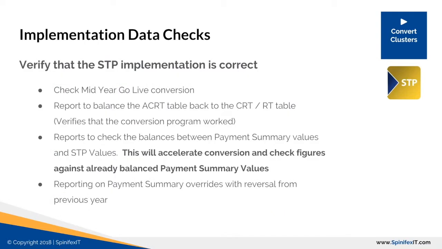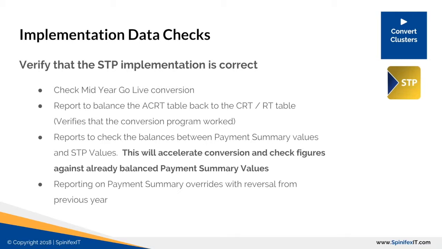Further, during the implementation and conversion, we ensure balancing that the ACRT, which is a new payroll cluster table created because of the new support packs, is comparable to the CRT and RT, which are the existing payroll clusters. Checking balances between payment summaries values and STP: clients are potentially already doing reconciliations for payment summaries, so what's that going to look like with the STP data?